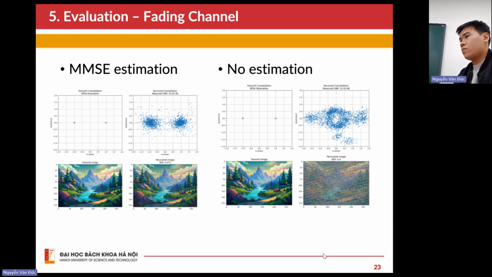The constellation does not depend on the size or the quality of the image, because the original one is very bad, but the recovered one is better. I think the simulation result is somehow not explainable.